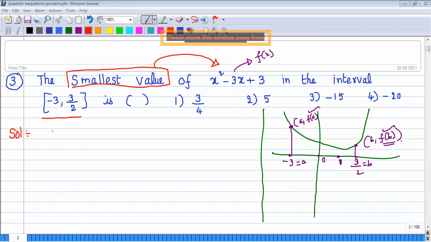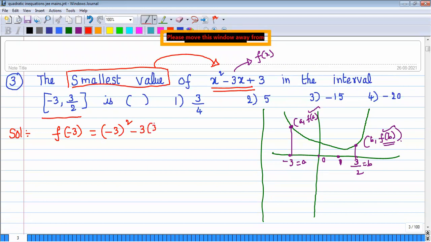Right. So first, let us find out f of minus 3. F of minus 3 is equal to, in this quadratic expression, x is being replaced by minus 3. So we get minus 3 square and minus 3 times 3 plus 3. For simplification, 9 plus 9 plus 3, we get 21, right?